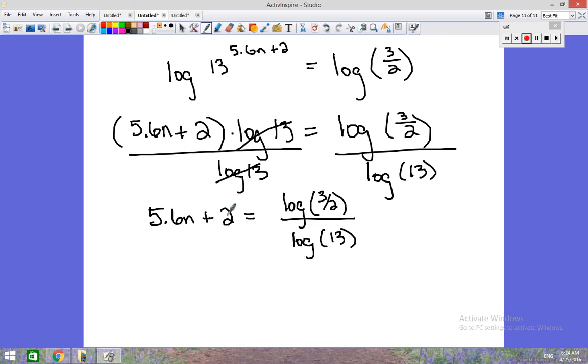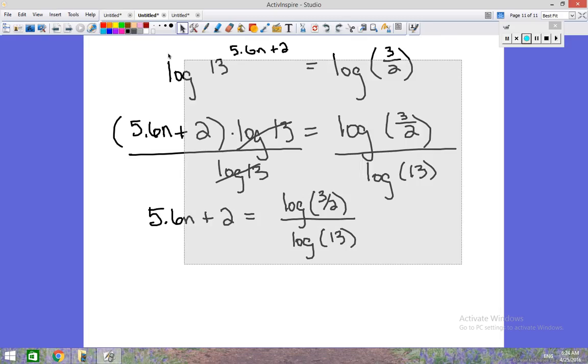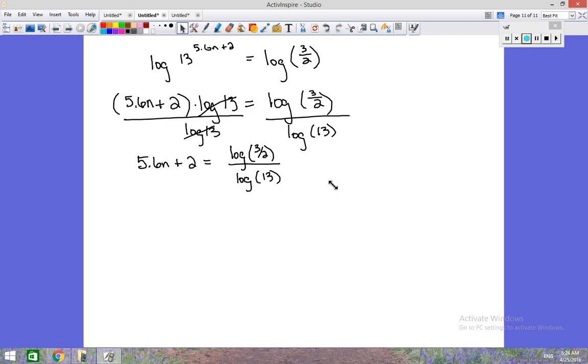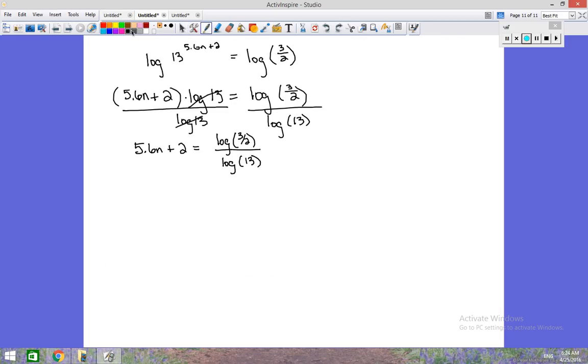Alright, so two steps, subtract 2 and divide by 5.6, and we'll have our expression for n that we can then go to the calculator. So the inverse of addition is subtraction.